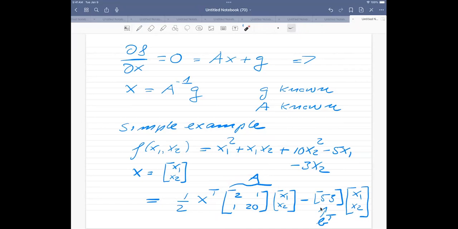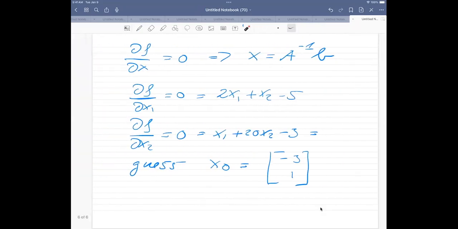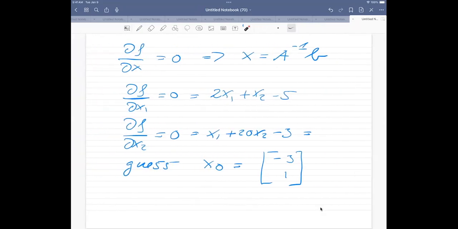Now, in linear algebra, and when you look at this from an iterative point of view, it means that you can start with any random starting point, and it will always converge to the exact solution after a given number of iterations, if you have a matrix A of this type here, which is positive definite. That's a very important aspect of it.